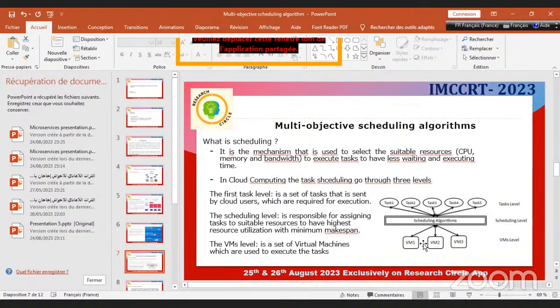The first is the task level, a set of tasks sent by cloud users, which are required for execution. Then the scheduling level, which is responsible for assigning tasks to suitable resources to have the highest resource utilization with minimum makespan. And the VM level is a set of virtual machines which are used to execute the tasks.